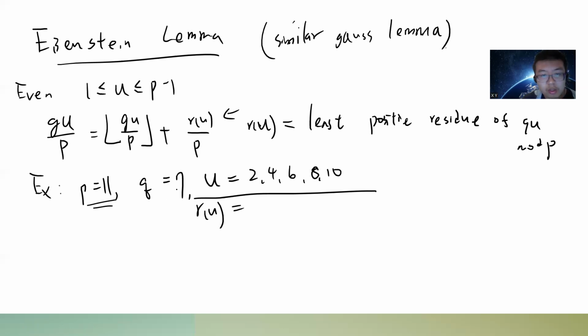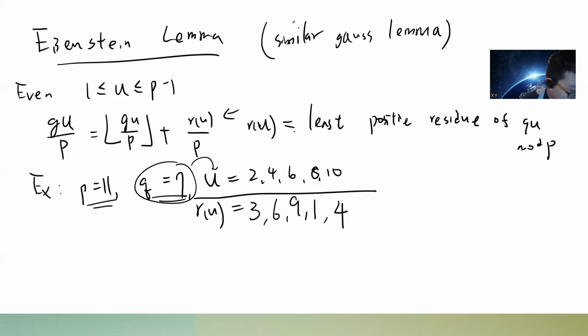So I take qu: 7 times 2 is 14, and 14 mod 11 is 3. Then 7 times 4 is 28, and 28 mod 11 is 6. 6 times 7 is 42, and 42 mod 11 is 9. 8 times 7 is 56, so it's 1. And 10 times 7 is 70, so it's 4.